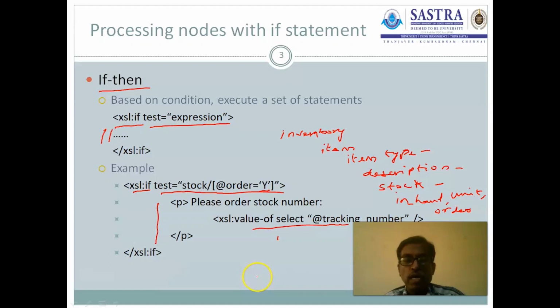This tracking number is printed only when the condition order equal to y is satisfied; then only this particular set of statements will be executed. Otherwise, if the condition is false, control exits and executes the next statement after xsl:if.